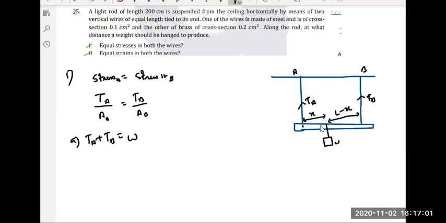So I can say that around this point, the torque due to this force and the torque due to this force are equal. Yes, Karishma, you can take T1, T2, it doesn't matter. Think about it. Yes or no?